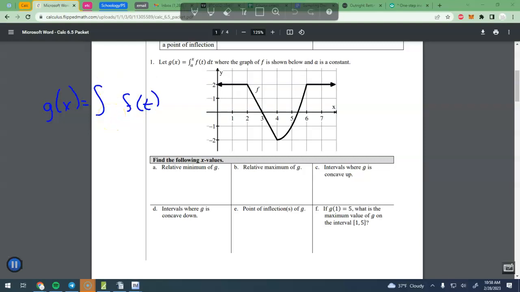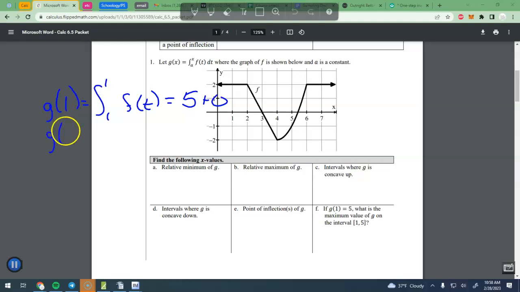If I put a 1 there, let's go piece by piece. What is the integral of any graph from 1 to 1? What's the area between 1 and 1? It's 0. So G of 1 is going to be 5, because that's what I start with, plus 0, because I didn't accumulate any area going from 1 to 1.